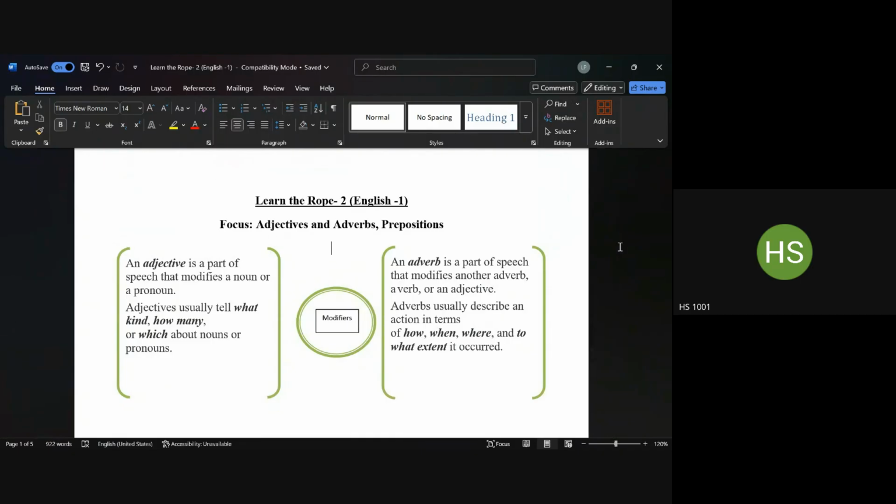But for some of us who probably are wondering and who are not extremely clear about what exactly adjectives and adverbs are, I've put two different descriptions of what these words stand for, right? These are not definitions, but more about the functional description of what an adjective and adverb is. So what do they do in the language?